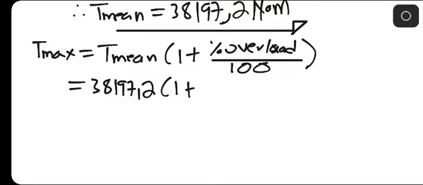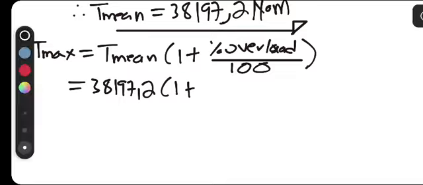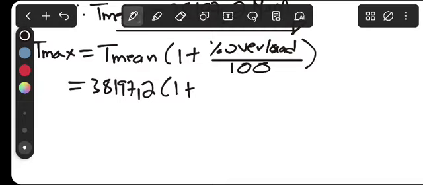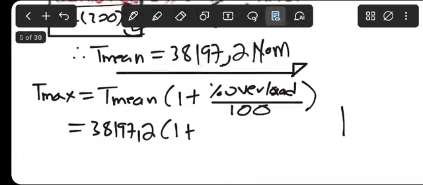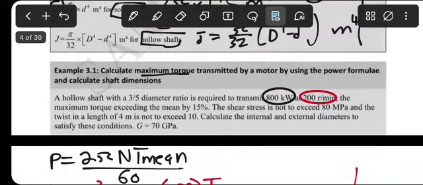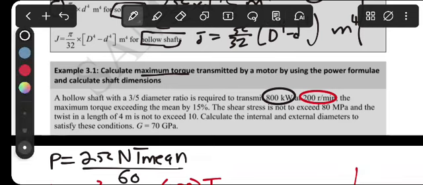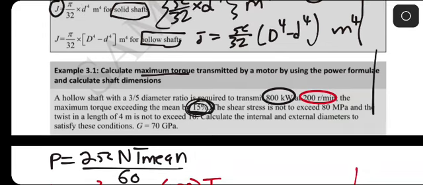The load here, what is that? We've said the torque must exceed 15 percent of what? That is 15%, you see, as given here. So that is 15%, by the way.